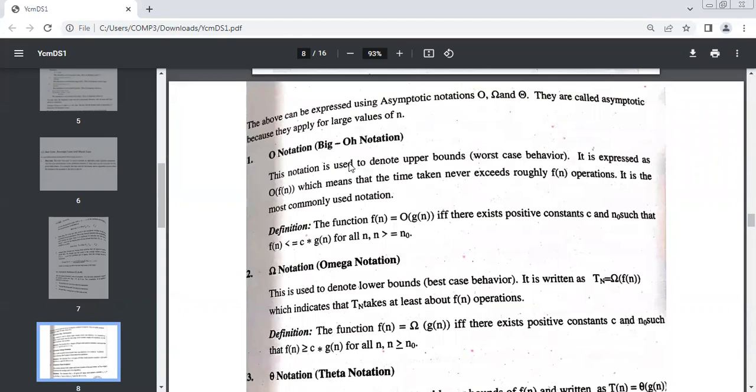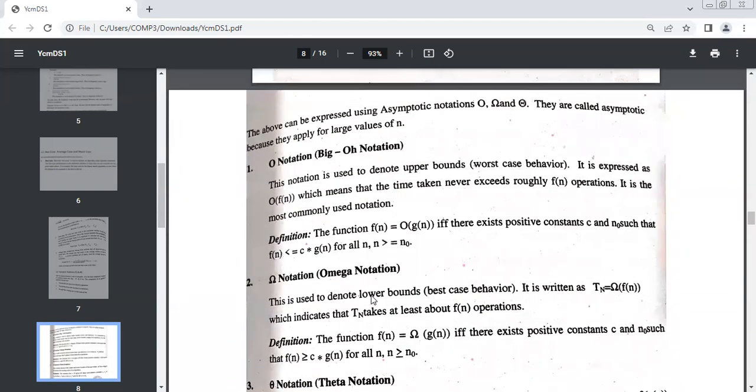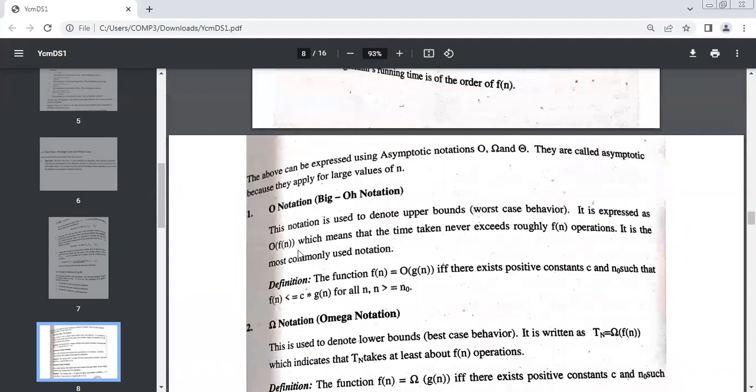To denote the best case, worst case, and average case, we use these notations.